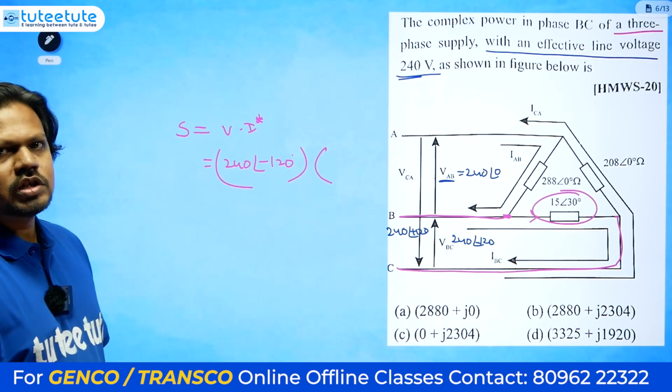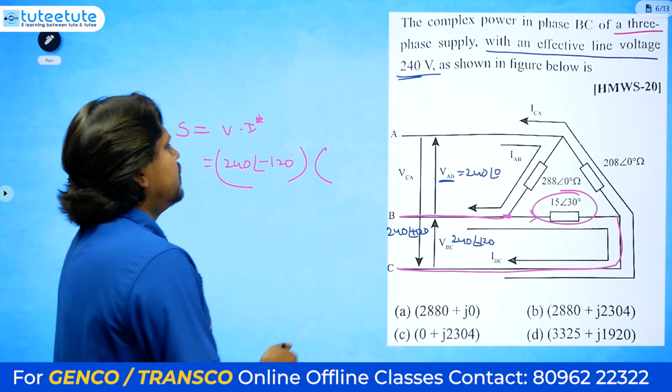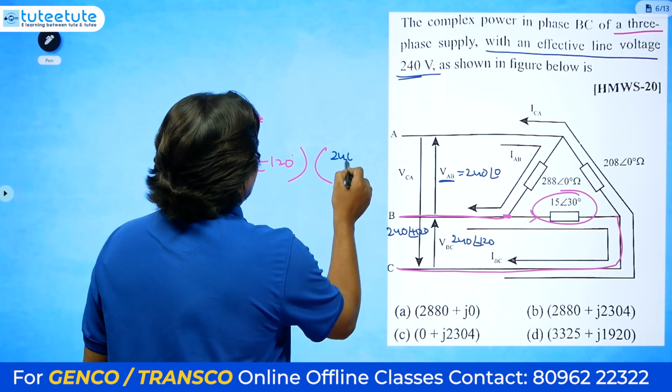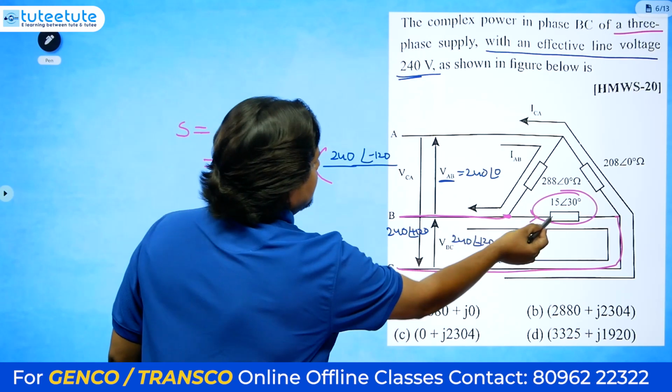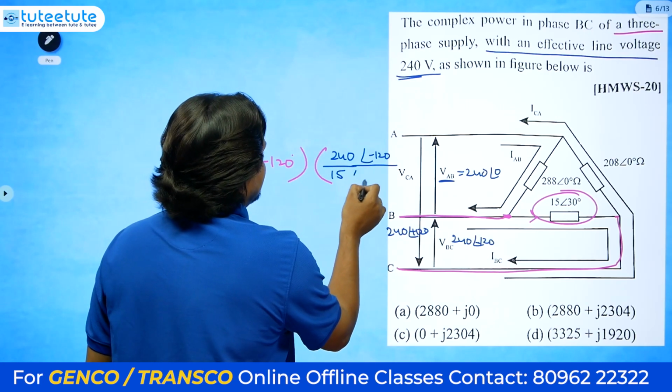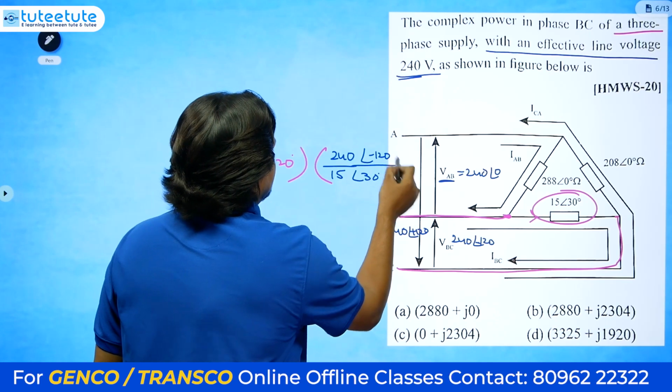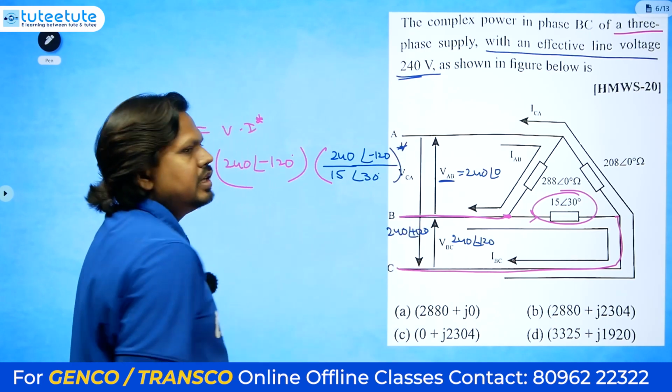I we don't know, so that's how we have to calculate it. We need to calculate using 240 at an angle of minus 120 divided by the impedance 15 at an angle of 30 degree, whole conjugate. Like this we need to do.